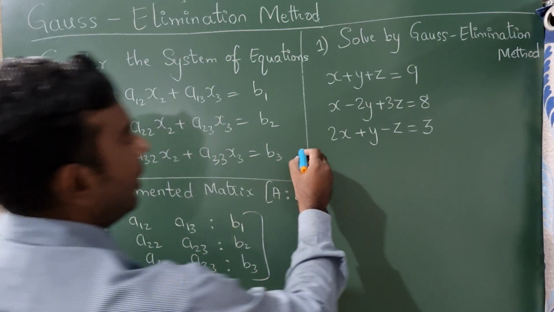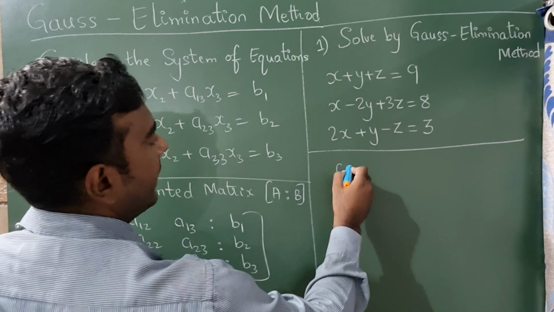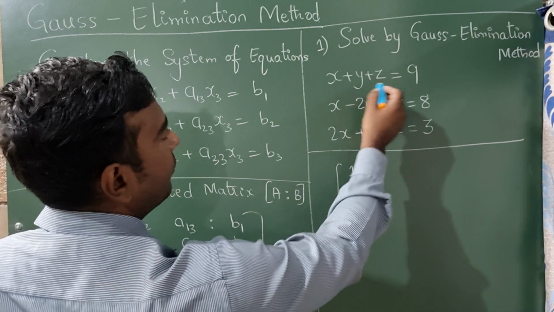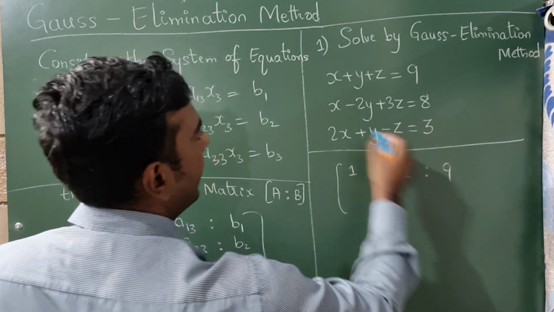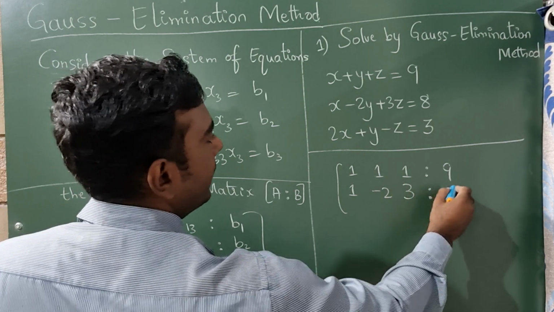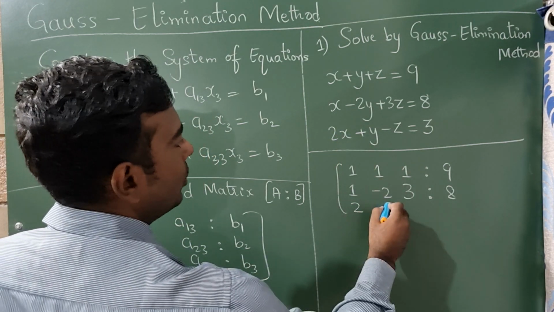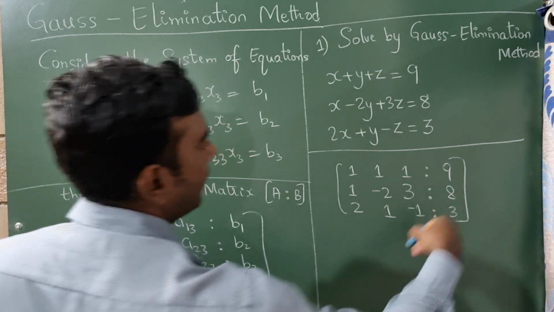Here also I am going to write the coefficient of x, coefficient of y, coefficient of z, and this one is 9. Here 1, minus 2, 3, 8, and this is 2, 1, minus 1 and 3.